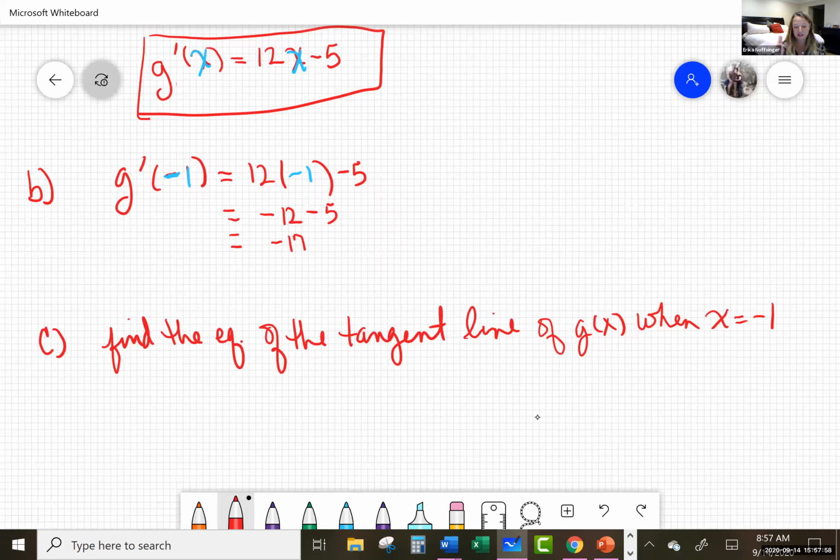Remember, there's two things that you need when you want to find the equation of a line. You need a point and you need the slope. Well, we actually just found the slope. At x equals -1, you have -17. So this is basically our slope of the line.